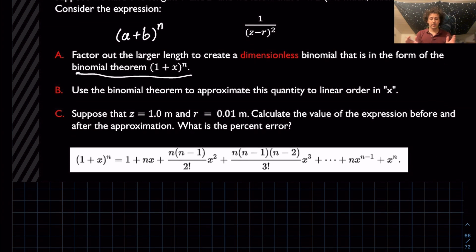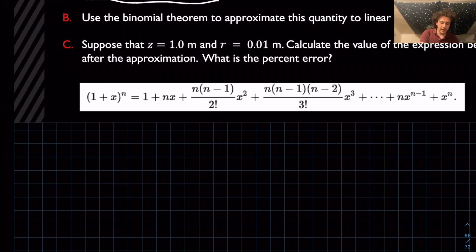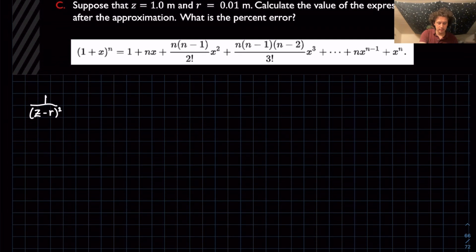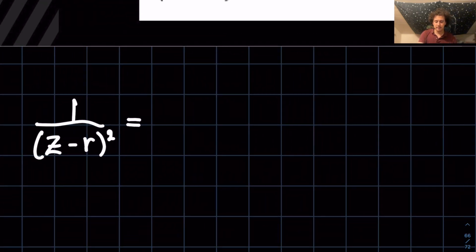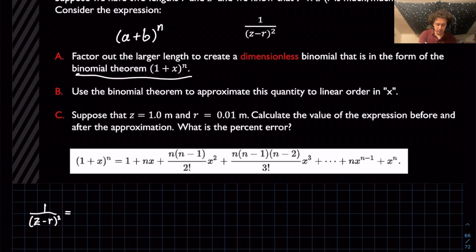So let's do part A real quick. We have this 1 over z minus r squared term right here. And if we're going to be expanding this, we'll say, okay, let's check which one's much bigger. So it's r much, much less than z.